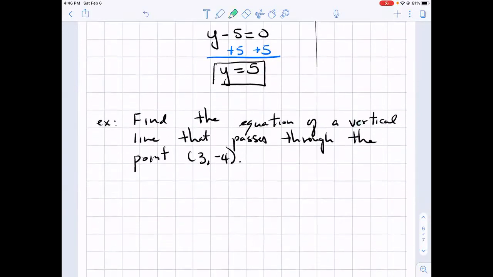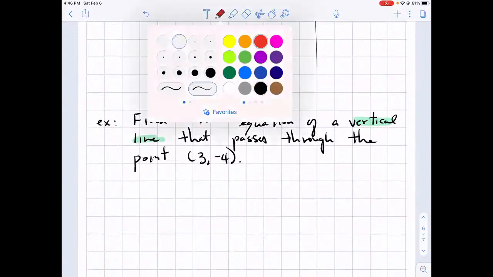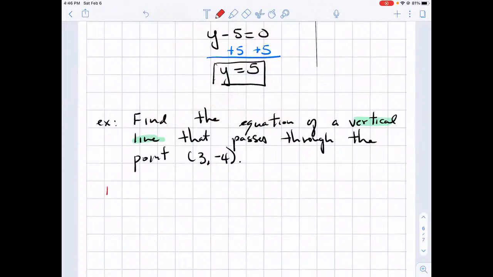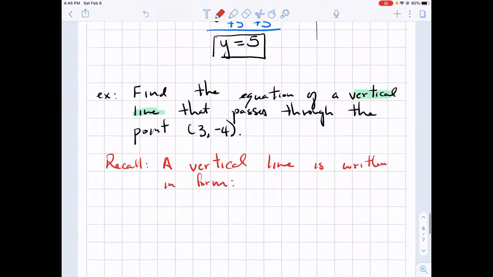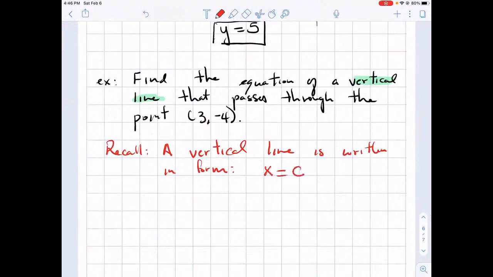Now, you have to recall a vertical line. A vertical line is written in the form x equals some constant c.